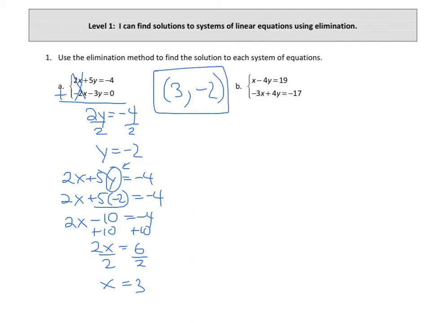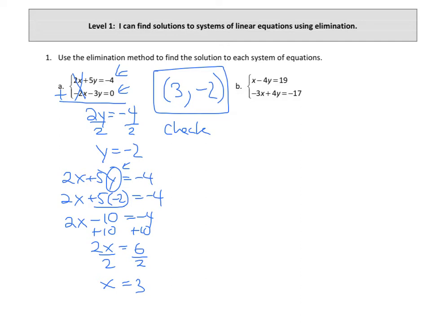But you always want to check your answer, and to check your answer, you can plug those two numbers into the equations and make sure they worked. What I like to do, since I used the top equation to get my second variable, is check my answer in the bottom equation.